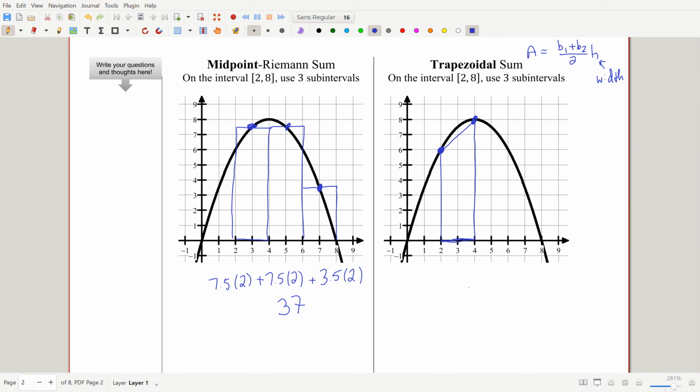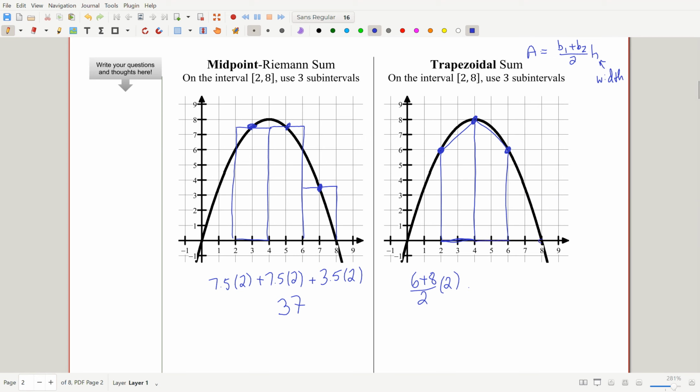So it's going to be (6 plus 8) over 2, and then times the height of our trapezoid, which is the width as we think of it on the graph. In this case that's really nice because we're dividing something by 2 and then multiplying it by 2, so they'll just cancel out when we do our math. So we're going to have that, I believe, a second time, just the way that this one's designed.